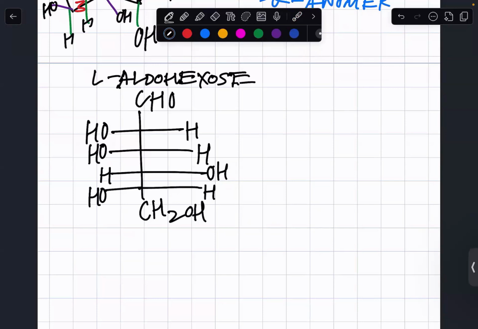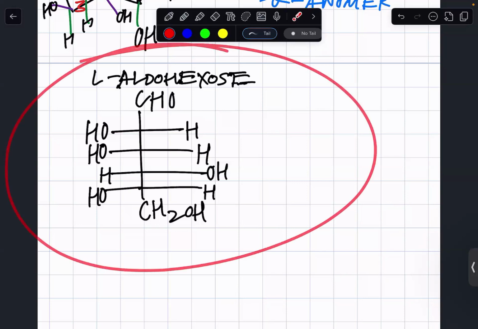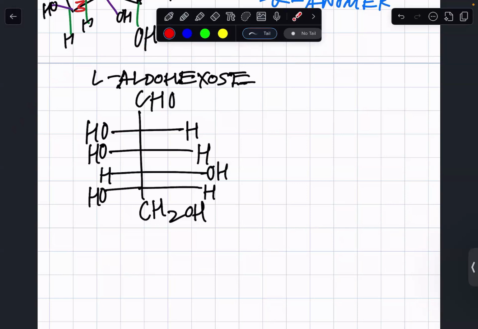So all the basic stuff, like classification, is going to be on the quiz for sure: how to identify if it's an L-aldohexose, L-aldopentose, L-aldotetrose, or ketohexose. Those classifications, D sugar, L sugar, dextrorotatory, levorotatory, and how to classify them will be there for sure. But the ring closing, I'm not sure, because she just went over that today. But it might. Okay, I'll have to see the list when she sends it. Send me the list when she sends it.